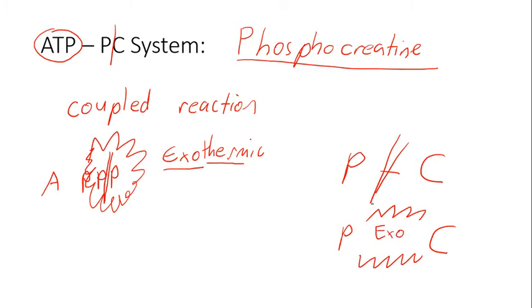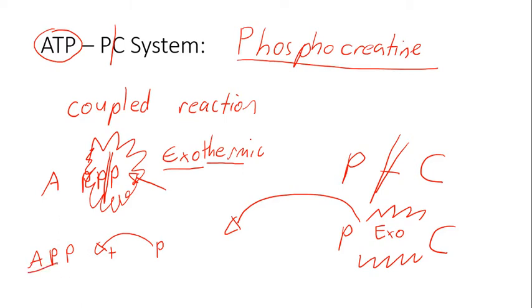And what we can do is use this release of energy to fuel what's known as an endothermic reaction, which takes place when we add the phosphate molecule that was broken off back to this ADP molecule to recreate ATP.